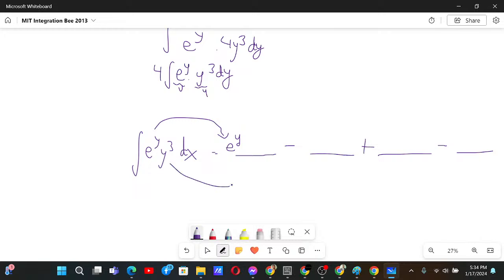Now differentiate this. We are basically integrating this and differentiating this. You can choose any one of them, but integrating this will not simplify the problem. So let's differentiate this. Sorry, the one that should be differentiated should be written at the beginning. I'm sorry for that.